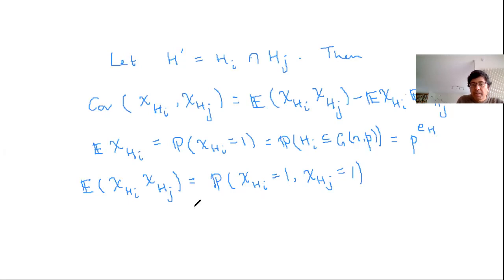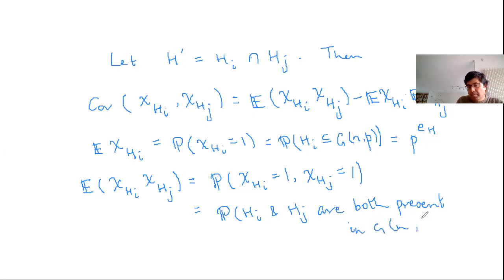So this is the probability that Hi and Hj are both present in the random graph G n,p. Now we are going to calculate this probability. And again, if you like, you can think of an example from one of the ones we drew earlier.